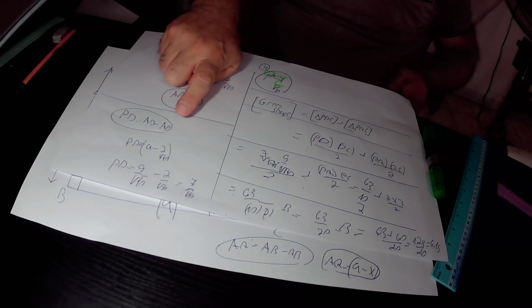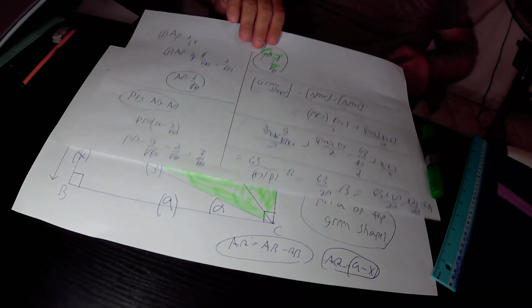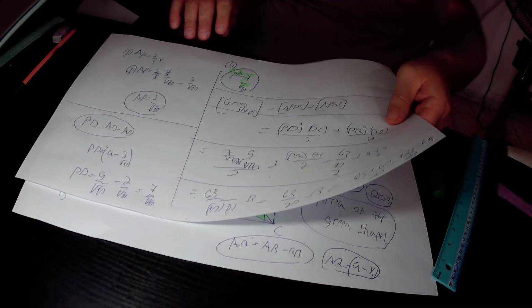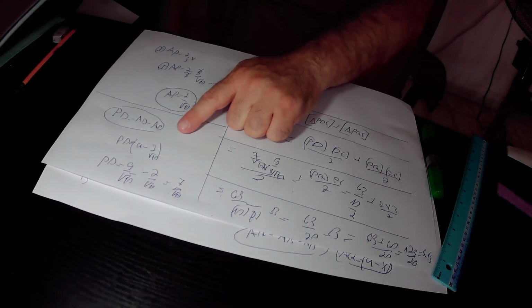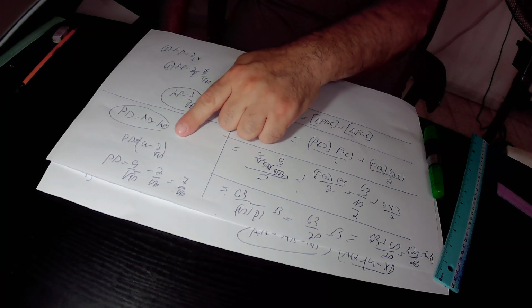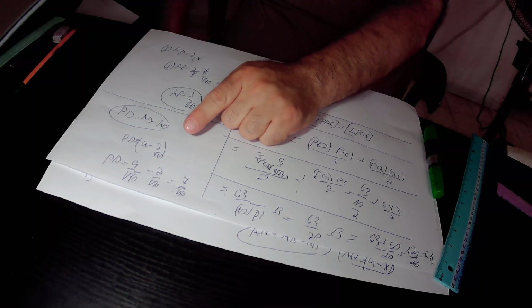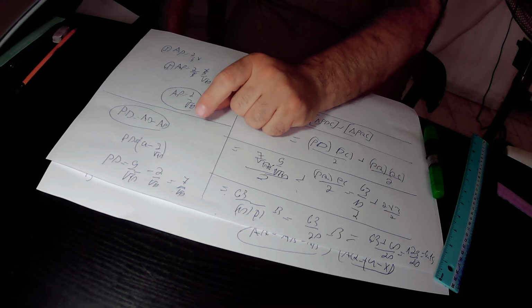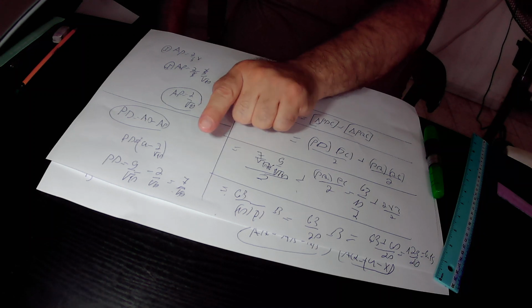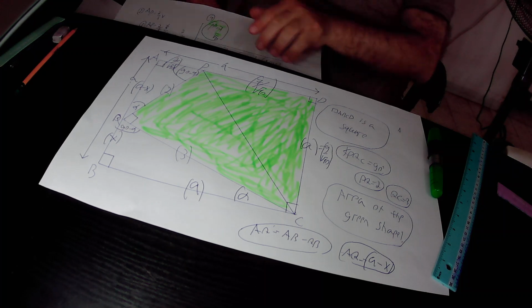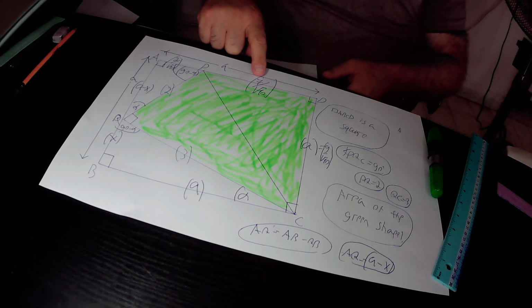But we already found out that A equals 9 over square root of 10. So PD equals 9 over square root of 10 minus 2 over square root of 10, which is 7 over square root of 10. So the missing PD is equal to 7 over square root of 10 units in its length.